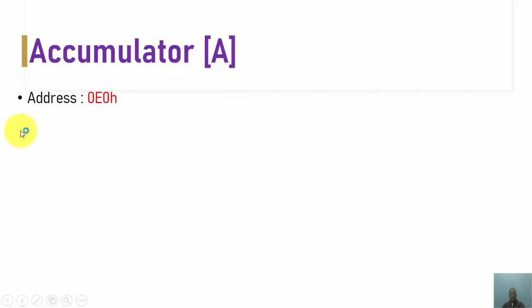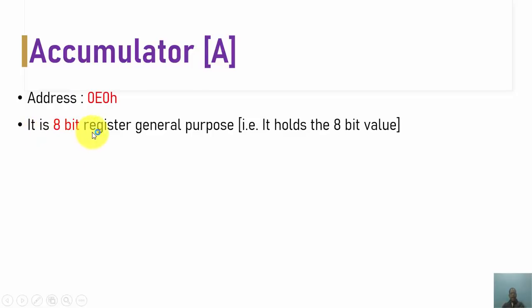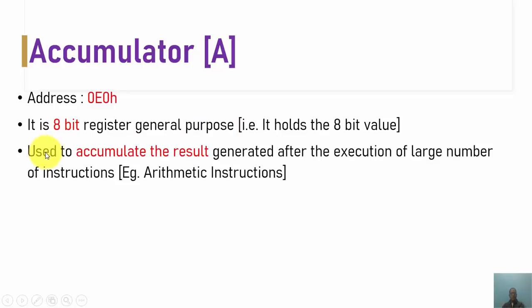It is an 8-bit general purpose register, which means we can use it to perform arithmetic and logical operations. It is the most important register because it is used to accumulate the result generated after the execution of a large number of instructions.